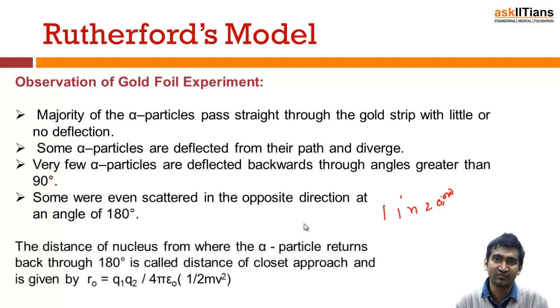And this is the distance from the nucleus where alpha particles return back at 180 degrees. This is known as the distance of closest approach, meaning how close they may come towards each other.